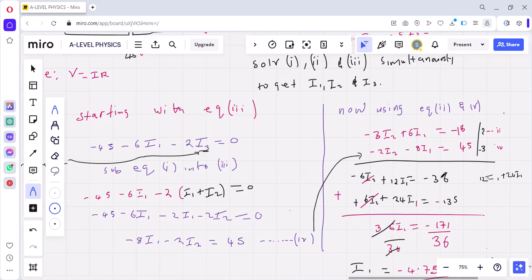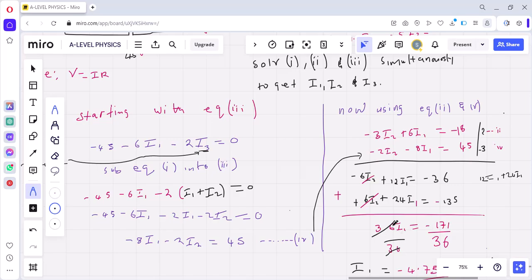Then minus 36 plus minus, plus minus will be minus. So this is minus 36 minus 135. This will give me 171.